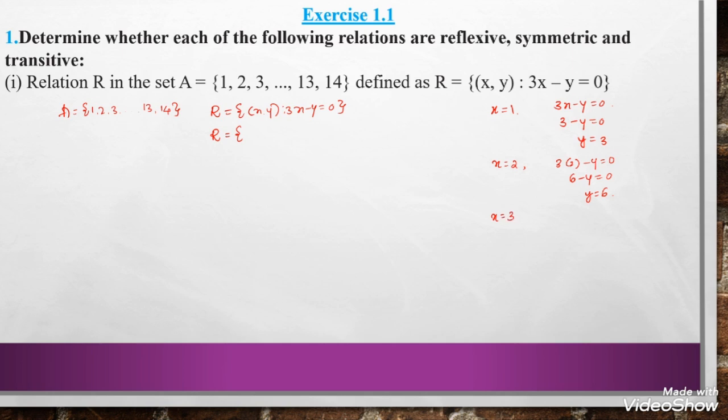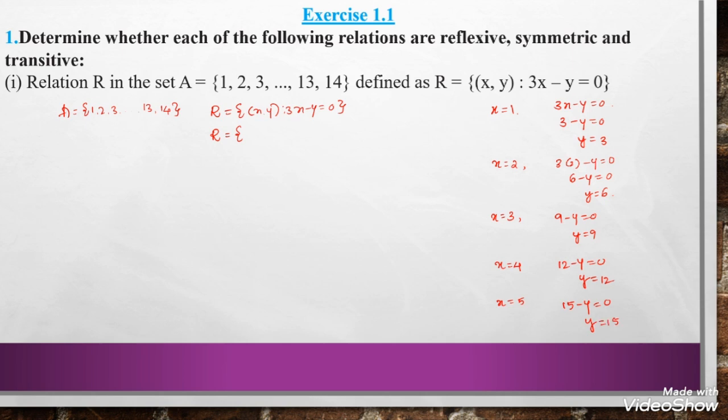Again x equal to 3, 3 into 3 is 9, then y becomes 9. For x equal to 4, 3 into 4 is 12, then y is 12. For x equal to 5, 15 minus y is equal to 0, then y becomes 15.